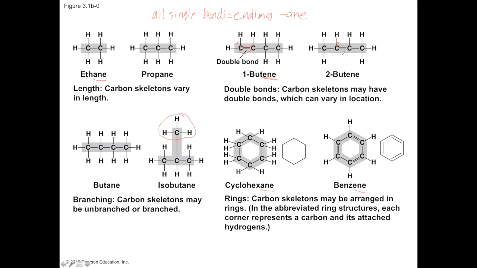So notice you have a double bond, you have the -ene ending. All of these have all single bonds, so the ending is -ane. Just to clarify, when it's just one line like that, that is a single bond. And if it looks like that, it's a double bond.